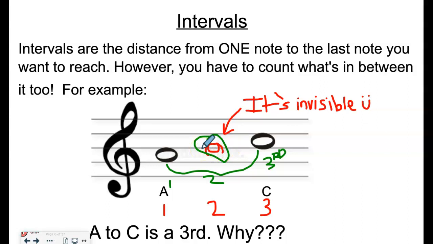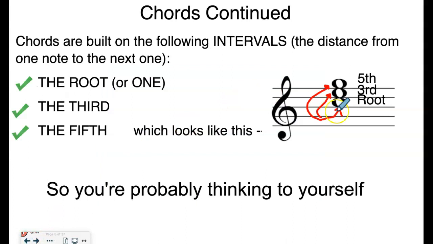That's not really fair. He wants to be included too. So, again, going back, chords include the root, the third, and the fifth. C to E is a third, and C to G is a fifth. All right.